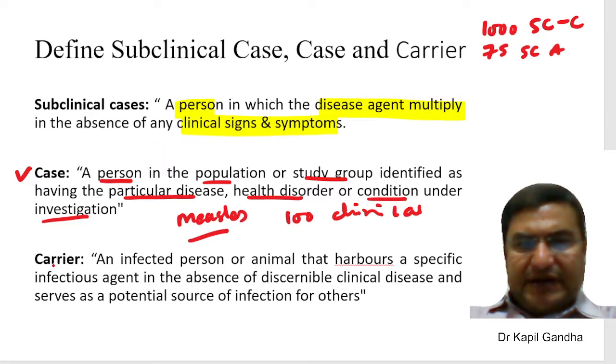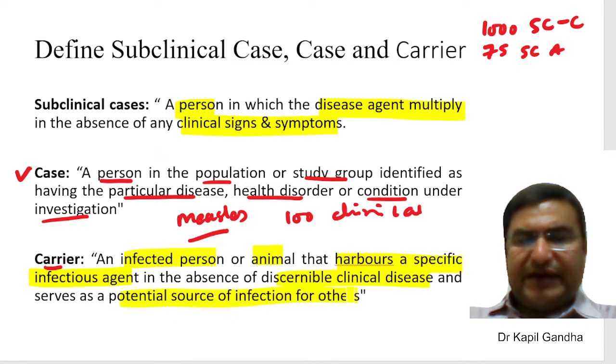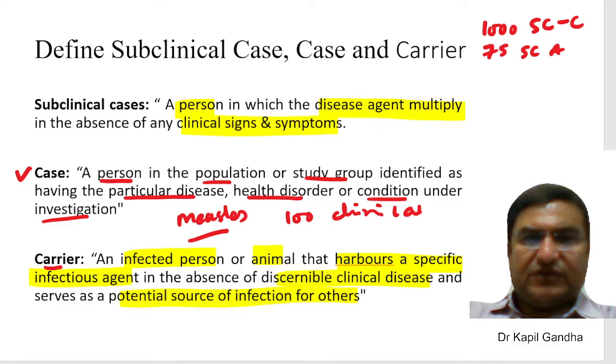The third important definition is carrier. What is a carrier? An infected person or animal that harbors a specific infectious agent in the absence of discernible clinical disease and serves as a potential source of infection to others. We are all aware of the classic carrier, Typhoid Mary.